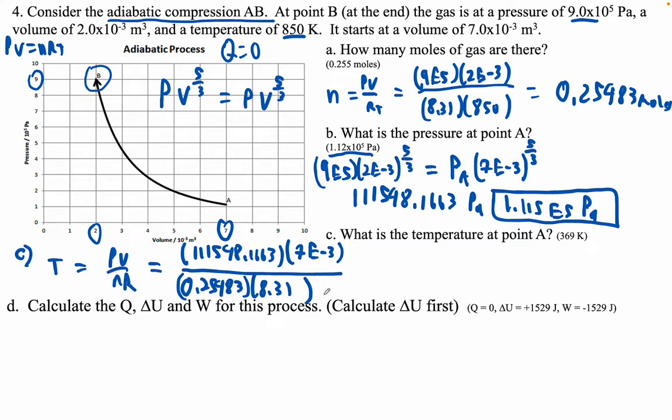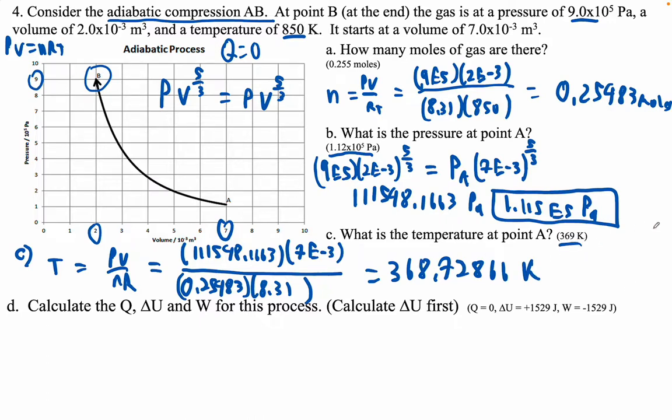Okay, so the number I've got on my calculator times 7E minus 3 divided by the moles divided by 8.31. And I get that that's 368.72866 kelvins, approximately, right? 369 kelvins, right?